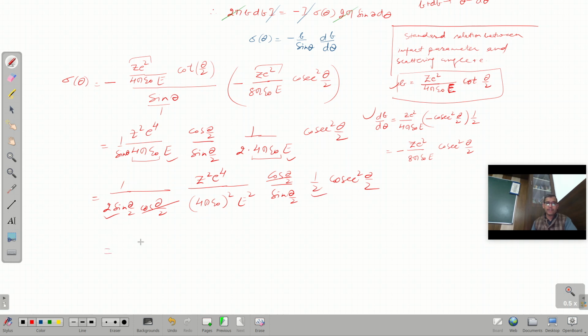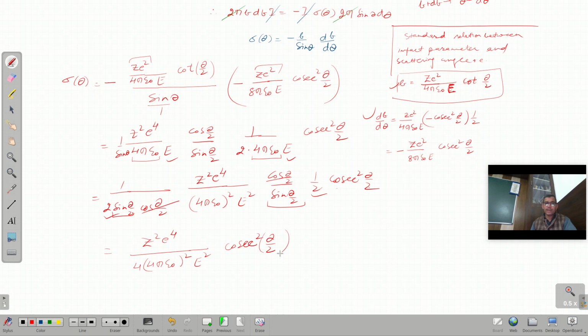So I can write it as Z² e⁴ over, and sin θ/2 sin θ/2, when they go up, will become cosecant square θ/2. So it is 4 into 4πε₀ whole square E square cosecant square θ/2.